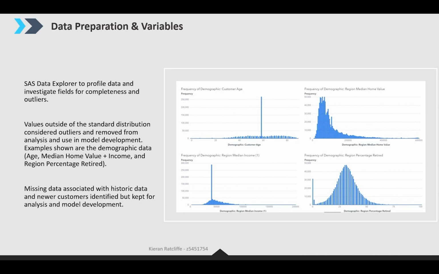These outliers, when considered, do not appear reasonable and as such are excluded. Missing data associated with historic sales was identified but kept, as it is relevant to customer churn rate and attrition.